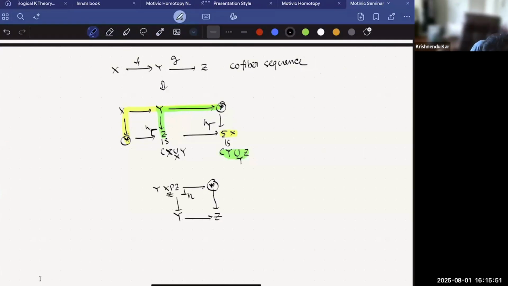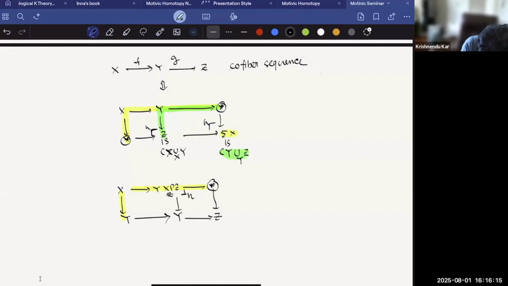And note that this Z is also coming from the homotopy push out of this square. If you ignore this portion, just focus on this guy.